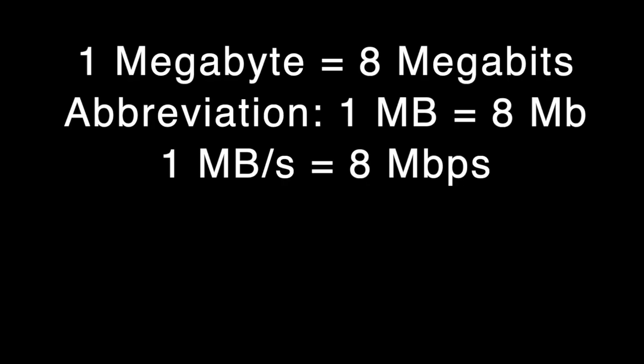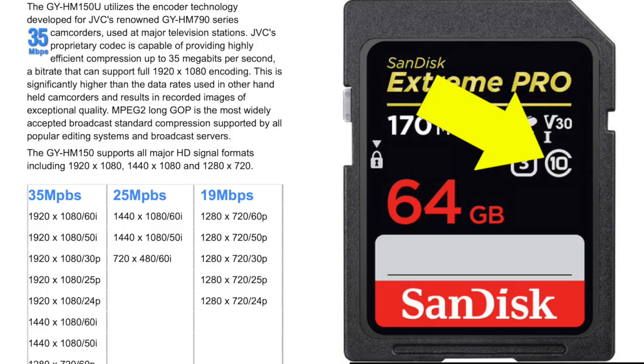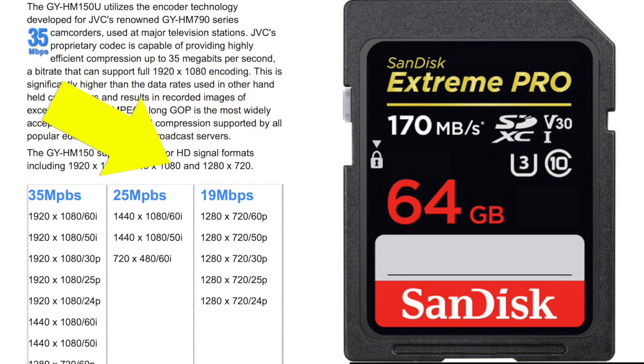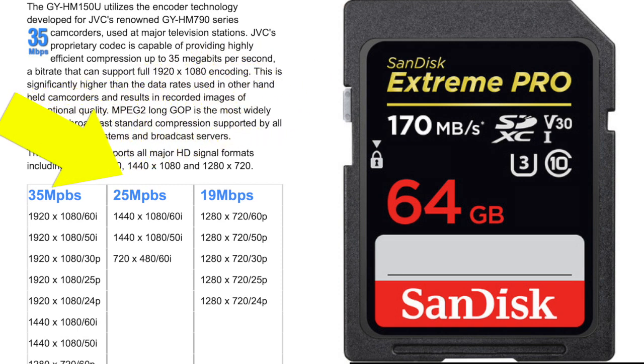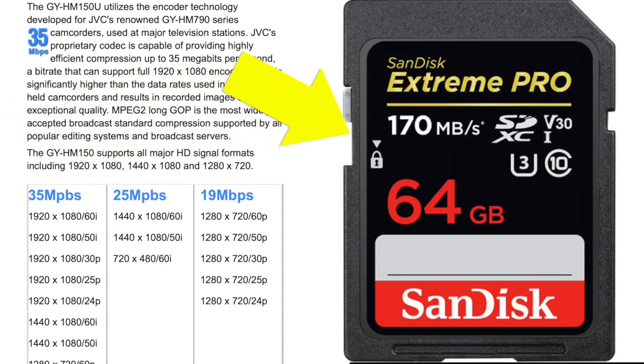So let's go back and talk about that record speed or that write speed. You need to look at the different formats to figure out what your record speeds are, but in general, a 10 is going to work for our systems. But you need to understand why that 10 works. And if you do go and purchase your own camera, you're going to want to understand what kind of SD card you're going to need for that camera. So the number that we see on most SD cards is the reading speed, not the writing speed.